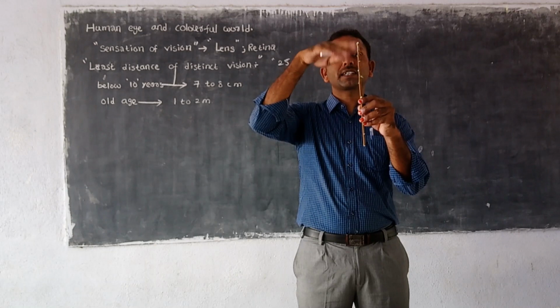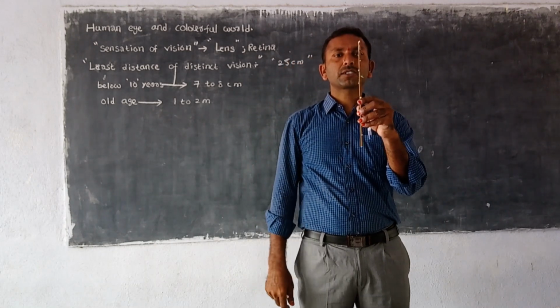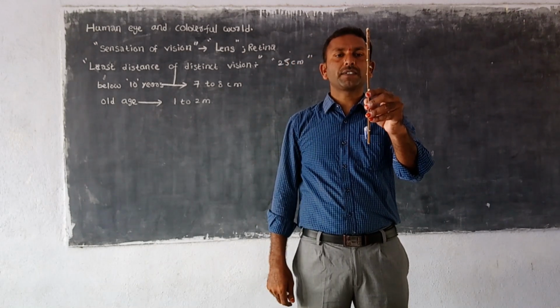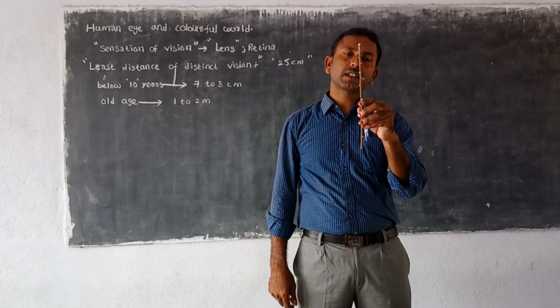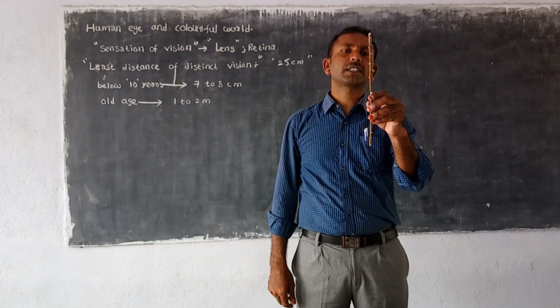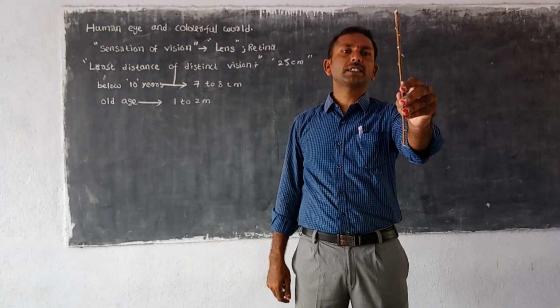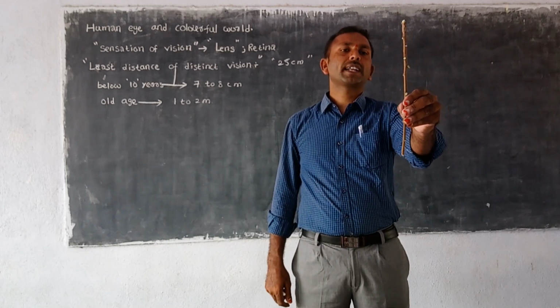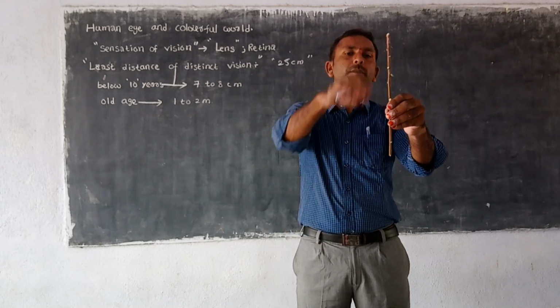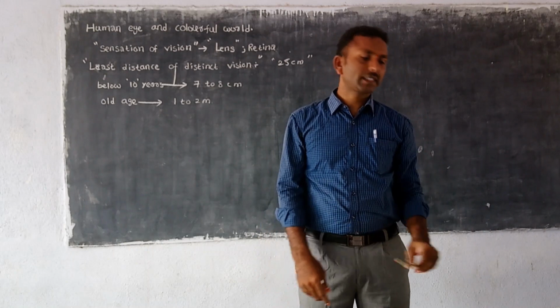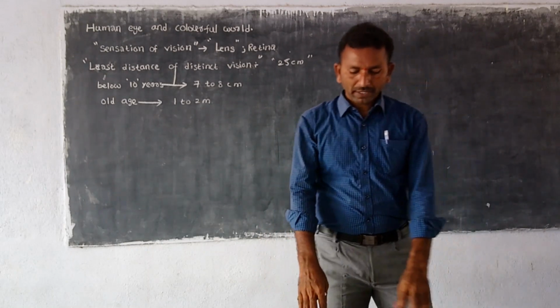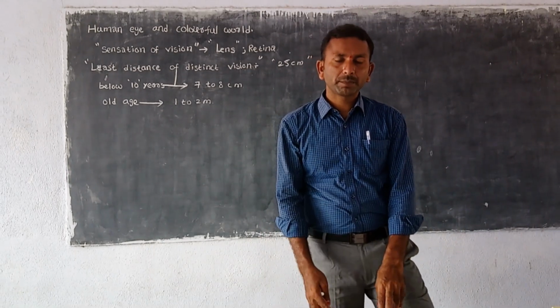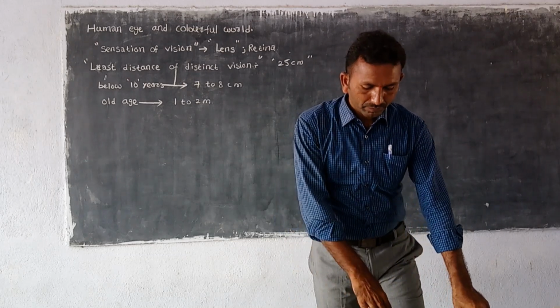Are you able to see that rod clearly? If not, move the object further away from your eyes, until you are able to see both the top and bottom ends, and note the distance between the object and your eye.